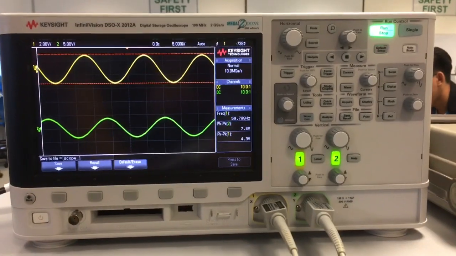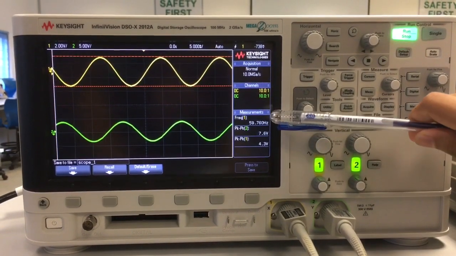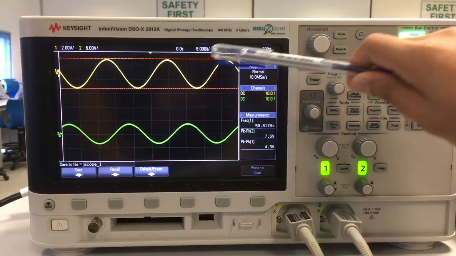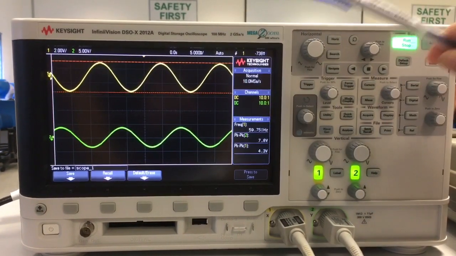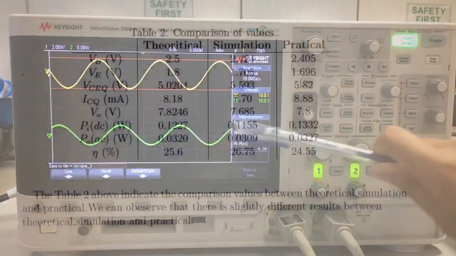And finally, we can see the value of Vin 4.3 volts and Vout 7.6 volts from the signal on the oscilloscope. From that value, Vout, which is the green one, is amplified.